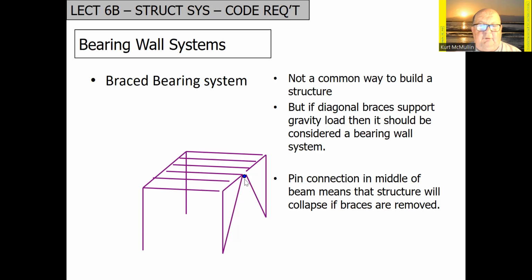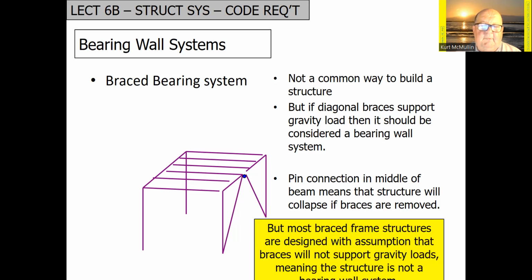But for some reason, if you did build a braced frame with a pin right in the middle of it, now suddenly if one of these braces is removed, the structure is going to become unstable. So these braces are considered bearing. Most engineers design their braced frame structures with the idea that the braces are not resisting the gravity load, even if they model it all as one unit.